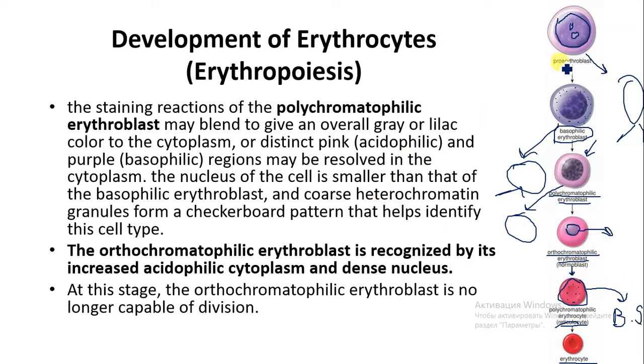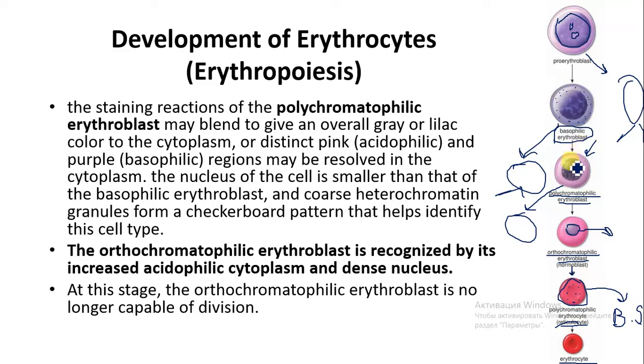Once again, from the beginning: we have the proerythroblast with a lot of nucleoli, which are responsible for ribosome formation. Then ribosomes are formed inside the cytoplasm of basophilic erythroblasts. The cells are still able to divide. The nucleus is basophilic due to the ribosomes present there.